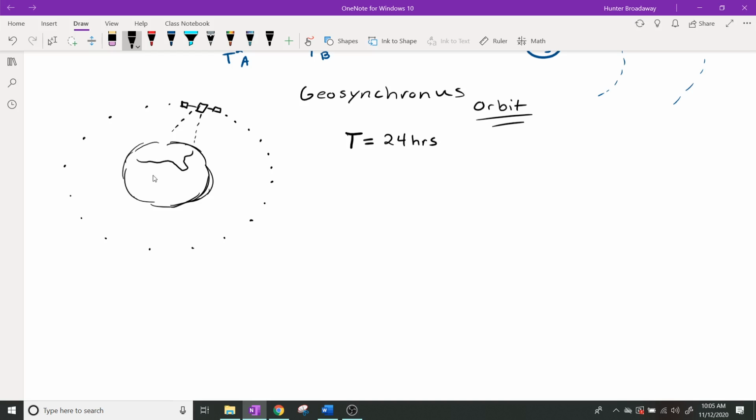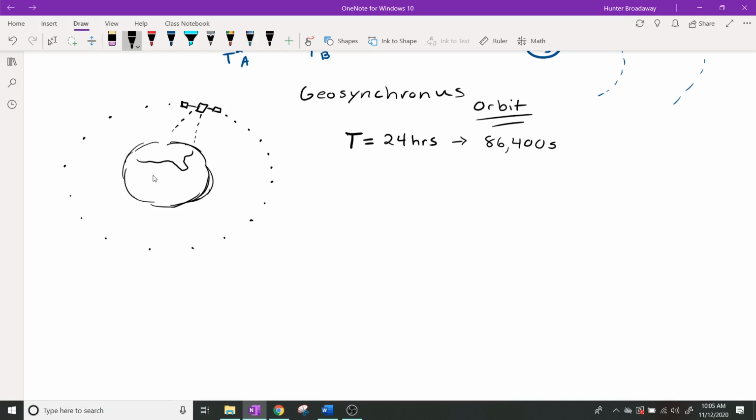We do need to change this to seconds, though. I think it's 86,400. Right. So remember, whenever we do these, it's the KMS system, so you need this in kilograms, meters, and seconds. So even though it says 24 hours, we need to change those hours over to seconds.